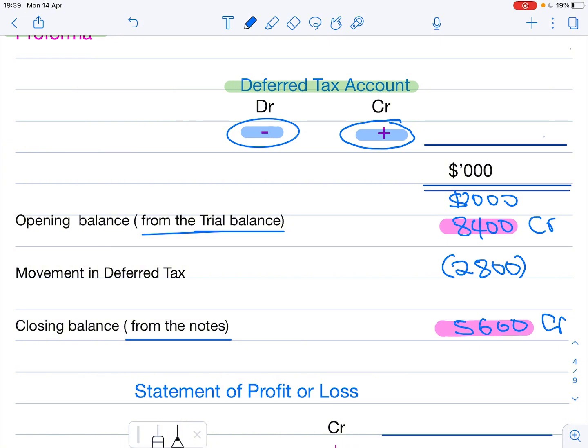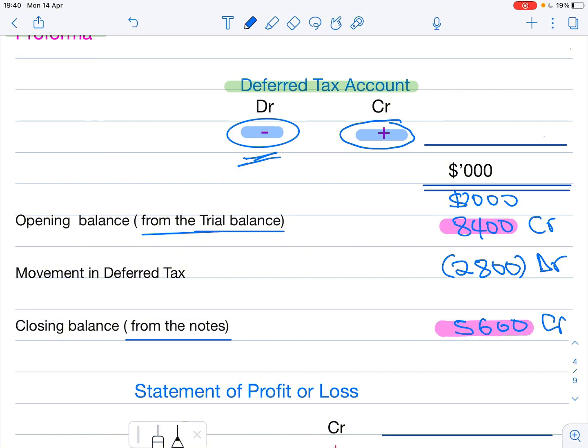So this 2.8 is a reduction from the 8.4, and this negative figure in the deferred tax account is going to be a debit. All right, I'm hoping that is not something difficult for you to pick. 8.4 has now become 5.6 as at the end of the year, so there must have been a reduction in our deferred tax liability.